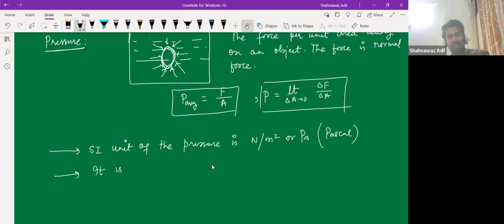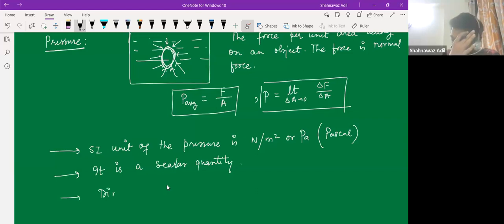It is a scalar quantity. What is the dimension of pressure? What is the dimension of force?